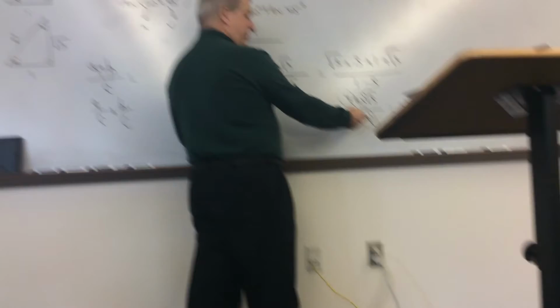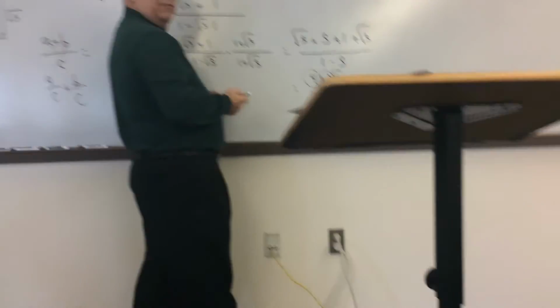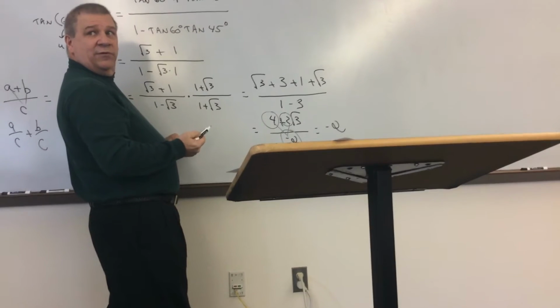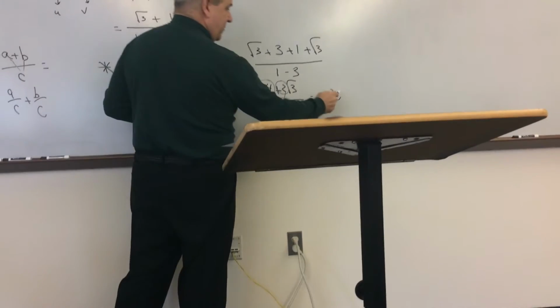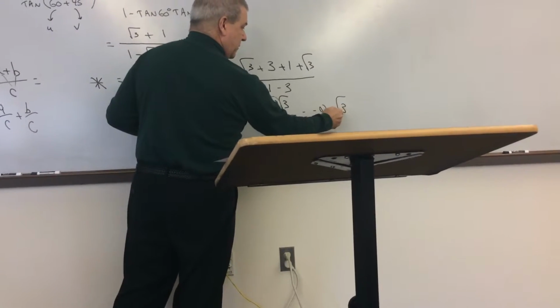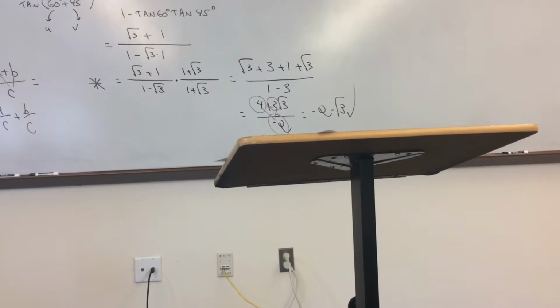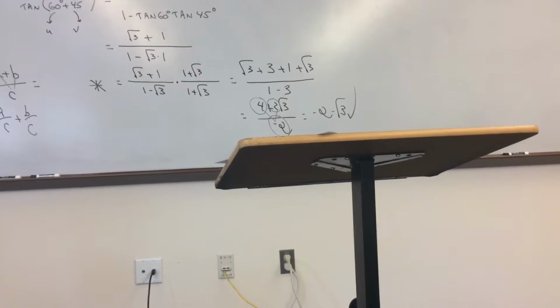What's 2 square root of 3 divided by negative 2? Just watch your signs. Ethan. Negative square root of 3. You can't do anything to that, but notice the answer has no more fraction. Notice the answer has no more radical on the bottom.